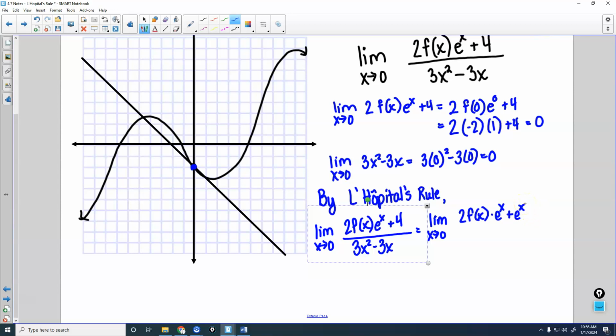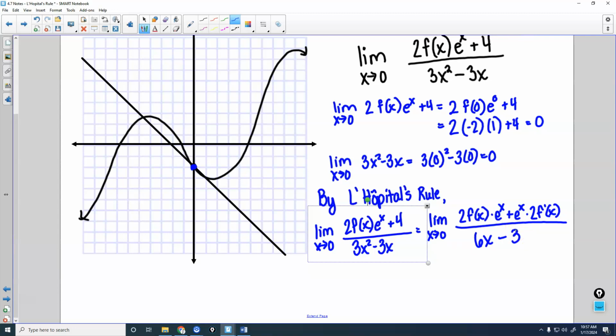What's that? 2f'(x). And then I need to take the derivative of that plus 4, but the derivative of 4 is just 0, so that's going to go away on the end. That's the derivative of the top for us. And then we've got 6x - 3.